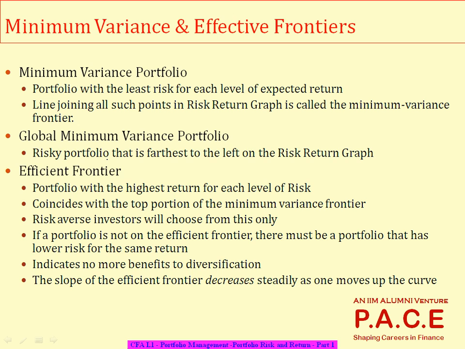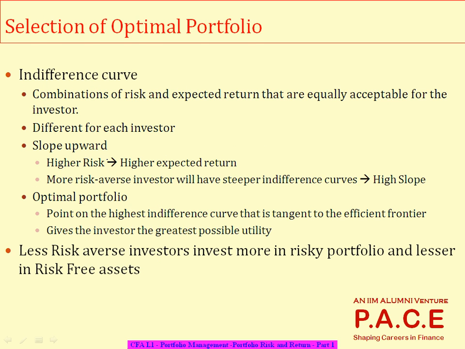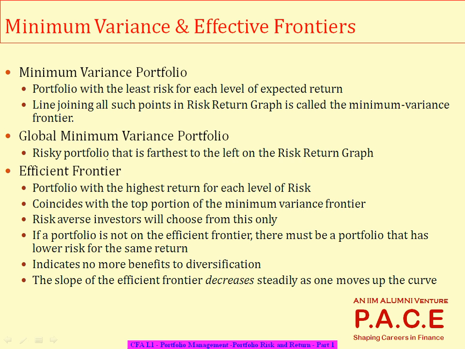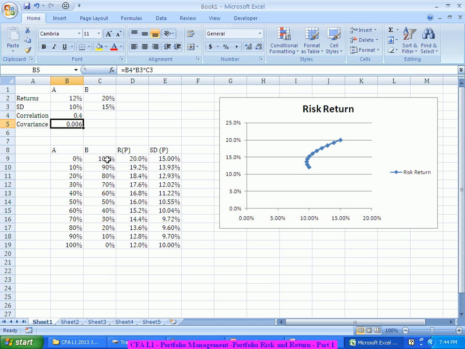See, here we are talking about this curve. In this curve, we have risk ranging right from 8.32% to almost 15%. Right? Then each investor could be at a different level of risk.